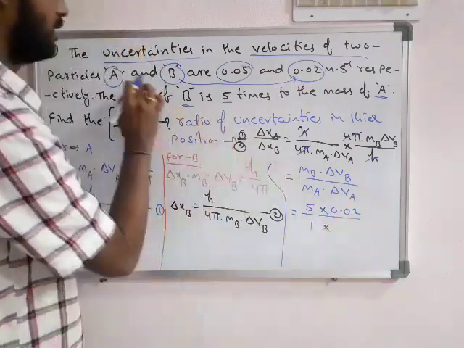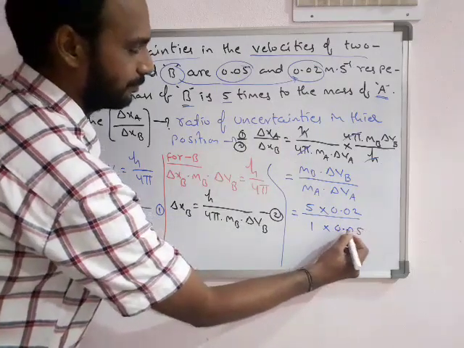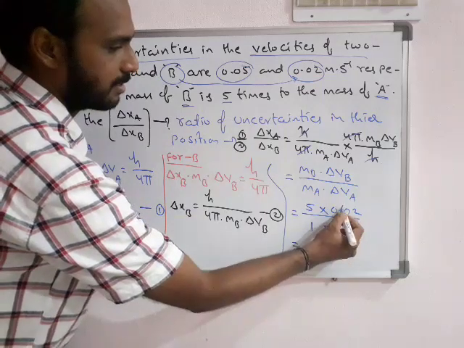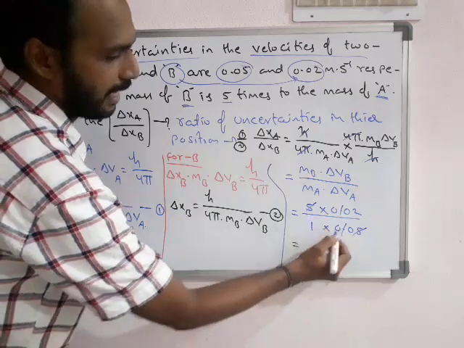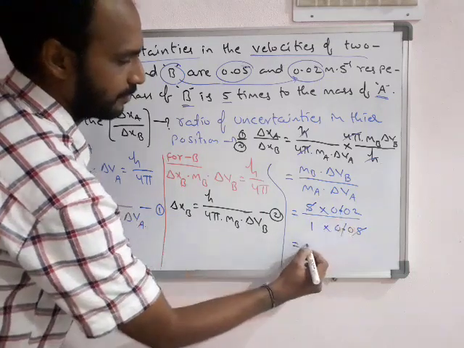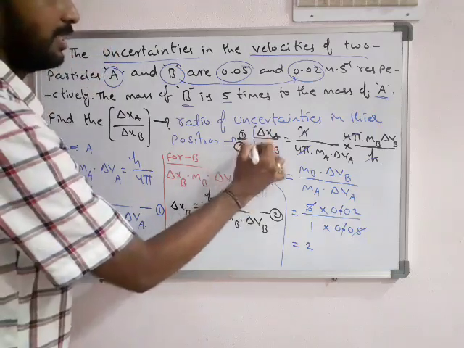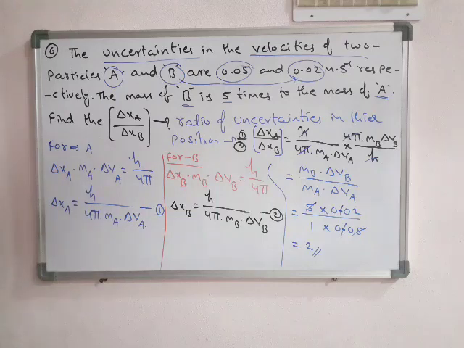In A particle there is 0.05. Okay, I will cancel this point, and 5 gets cancelled. Okay, so that is equal to 2. Means the ratio of delta xa by delta xb is exactly equal to 2.